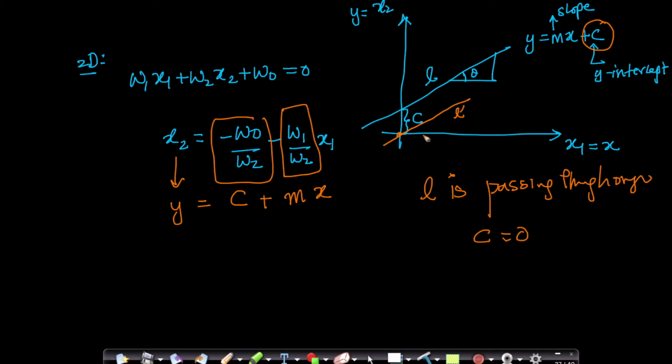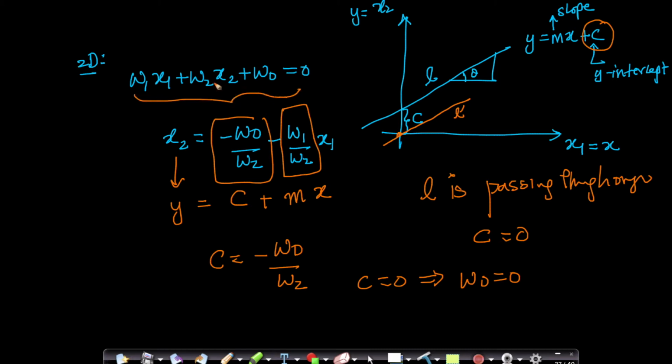If it's passing through origin, the C is 0. And if C has to be 0, your W0 has to be 0, because C is nothing but minus W0 by W2. And if C equals to 0, that implies in my general notation, the general equation of a line, that my W0 equals to 0. So what we learn from this is the general equation of a line.